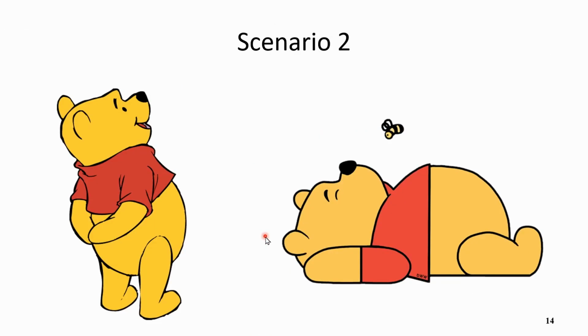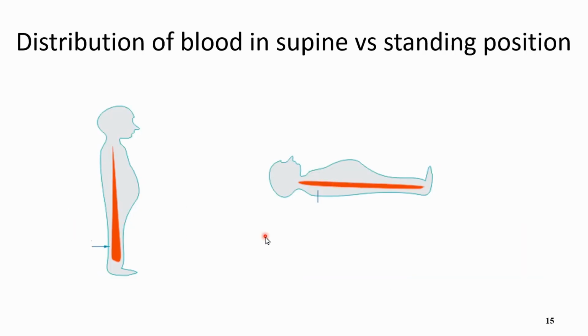Now, there's a scenario. This is Winnie. Winnie is lying down and got up. When you're lying down, gravity is not working against your venous system, so there's good perfusion to your legs, to your guts, to your head. But all of a sudden, when you stand up, blood pools in the legs, particularly if you just stand up and do nothing.